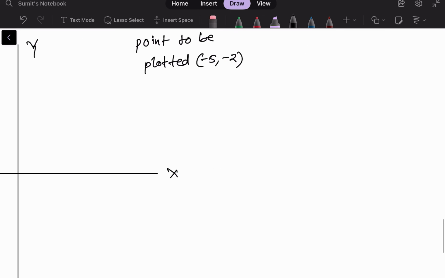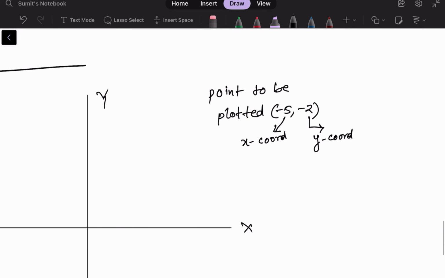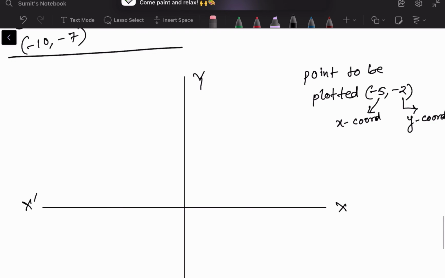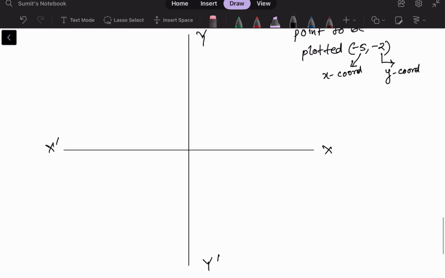For the point -5 comma -2, -5 is called the x coordinate, or x part, and -2 is called the y coordinate, the part on the y-axis. First we observe the x coordinate. The point will lie in the third quadrant.